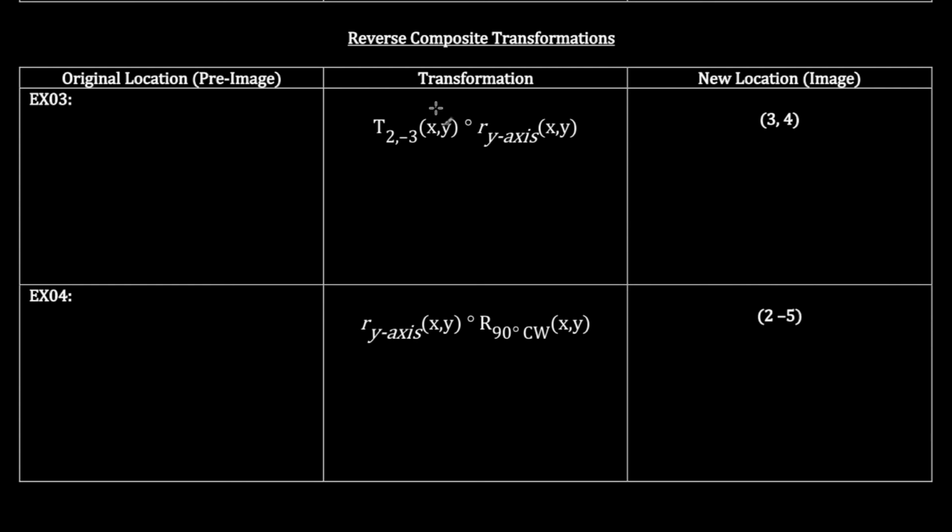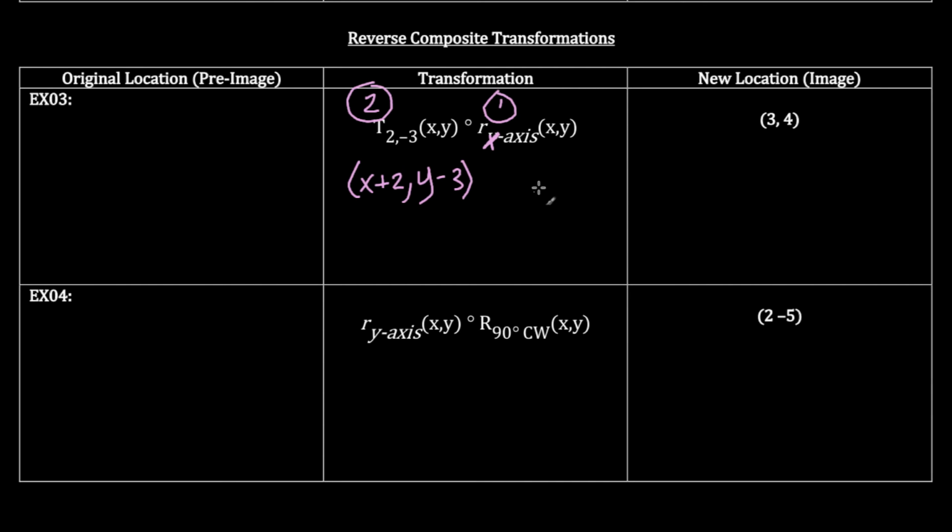So remember that this was the first thing done and this is the second. So translation, so that's x plus 2 and then y minus 3 was the second thing we did, and reflection. Let's make it over the x. I don't know why I put y so many times.